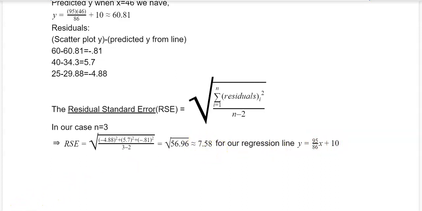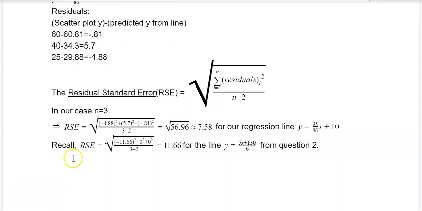Let's recall what the RSE was for the first line we had. Recall from question 2, we found the line 5x plus 130 over 6, and the RSE for that line was 11.66. These are all relative to our scatter plot.